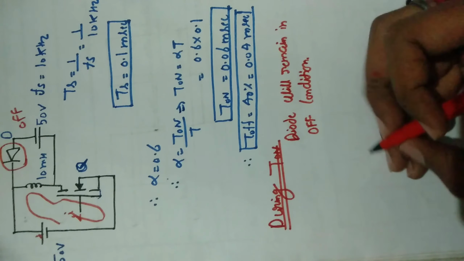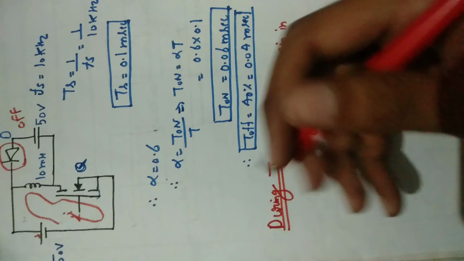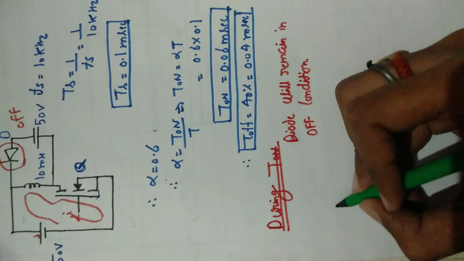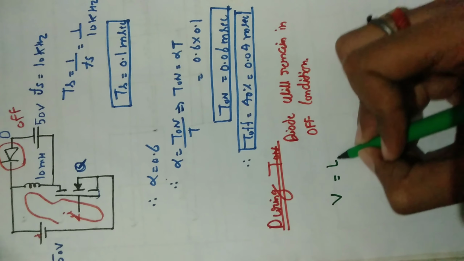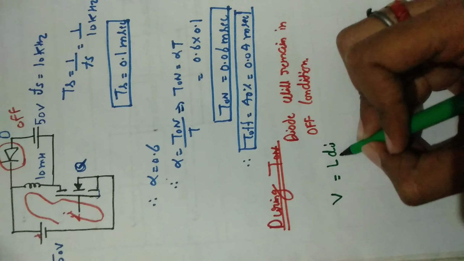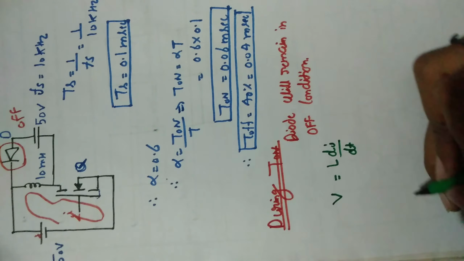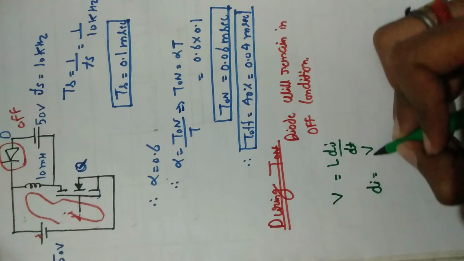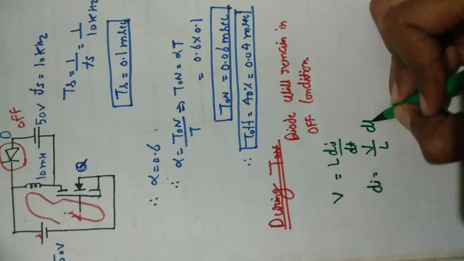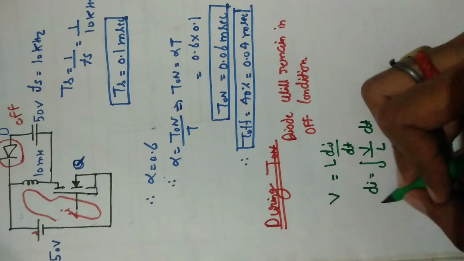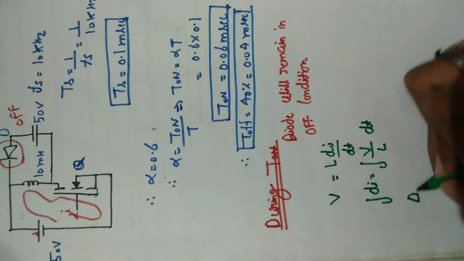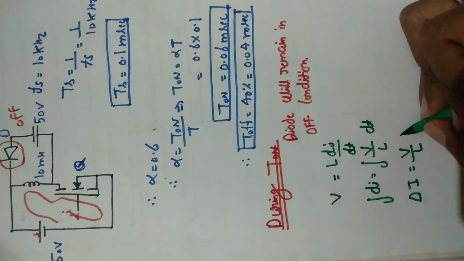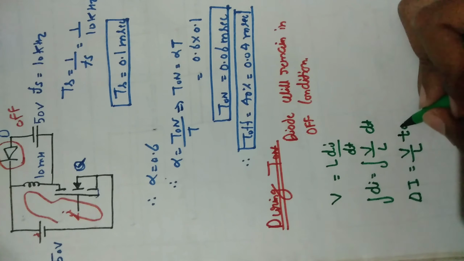Now we can write V equal to L di by dt. So from here di equal to V by L dt. Integrating both sides, we get delta I equal to V by L times T on.